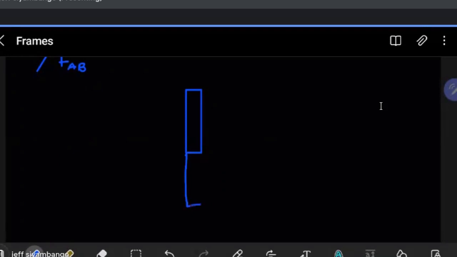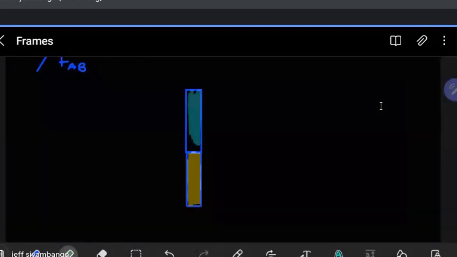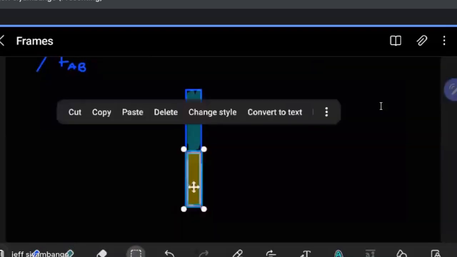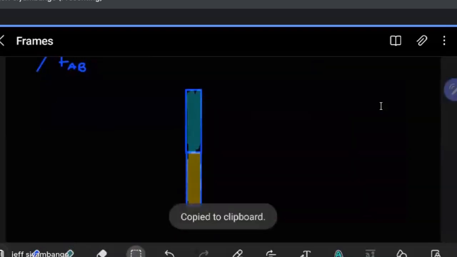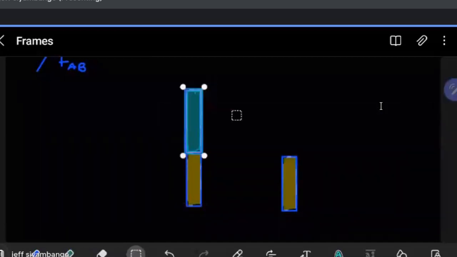What you have to see here is that if these members were to be drawn separately, let's just color them differently. So if you have these two members like this, and I was to just draw them separately, and you have this one on top.